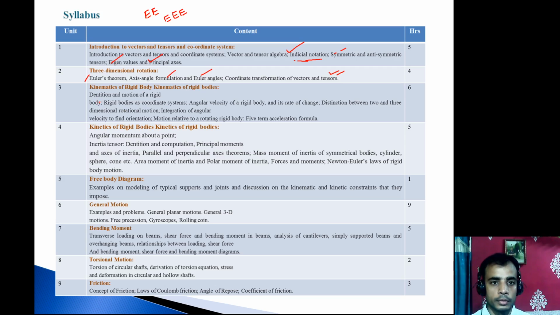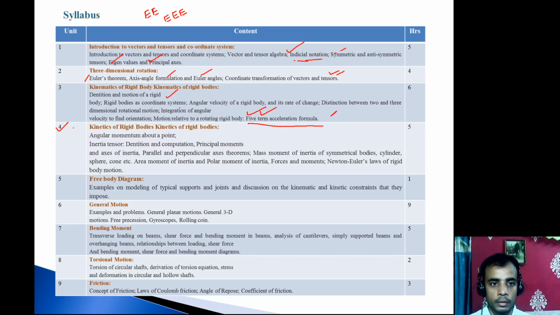Here we will study about the definition and motion of rigid body, rigid bodies as coordinate system, angular velocity, rigid body and its rate of change, distinction between 2 and 3-dimensional rotation motion, integration of angular velocity, find orientation, then motion relative to rotating rigid body, five-term acceleration formula. We will derive this formula. This is a very important formula for dynamics. We will derive this formula and we will solve some problems regarding this formula.